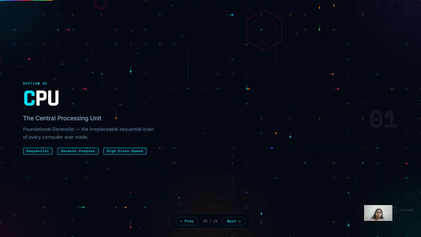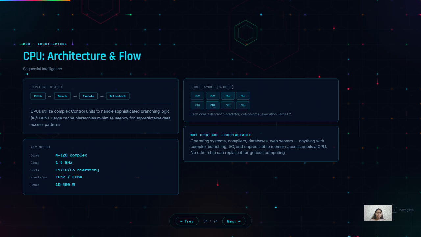So you must be wondering about the CPU's architecture and flow. CPUs work using sequential execution. Instructions move through stages like fetch, decode, execute, and write back. What makes CPUs special is their intelligence.